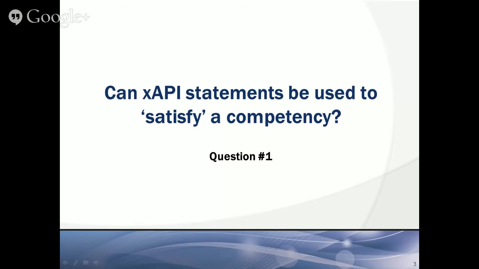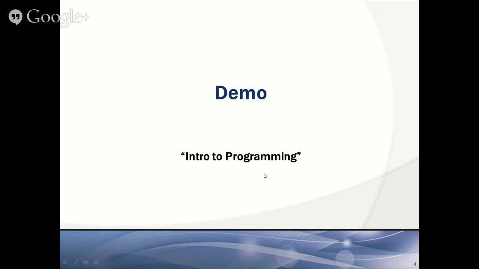Medbiquitous has an ANSI specification for competencies and competency networks. We went with the Medbiquitous at first, but the idea was we've got this Experience API, we're tracking things, and can we complete, satisfy, you insert your own word, can we associate Experience API data with a competency? And at this point, I'm going to turn it over to Tom, and he's going to show you the answer to this question.